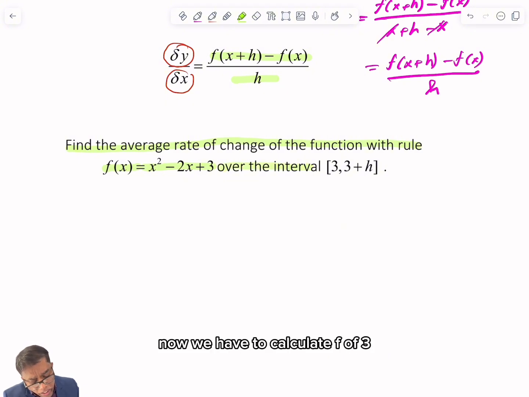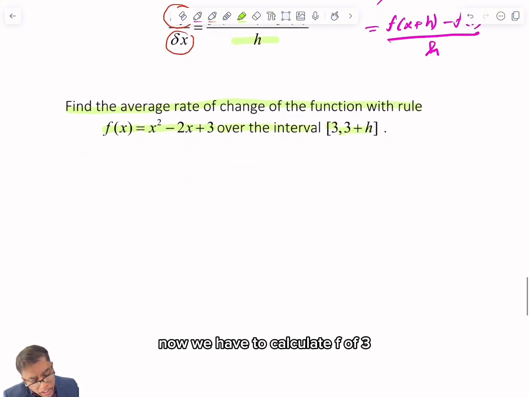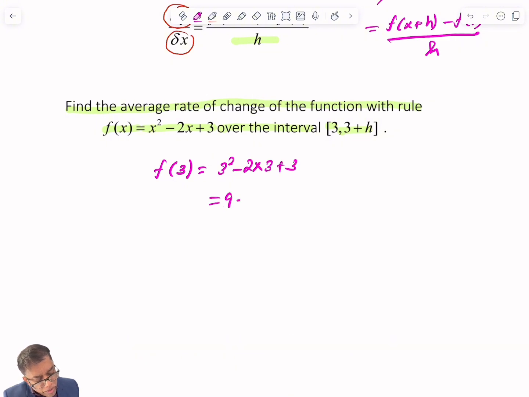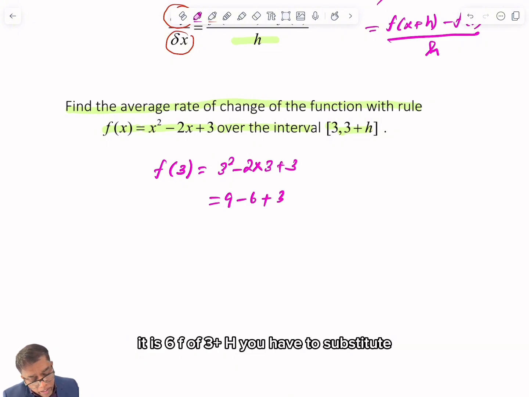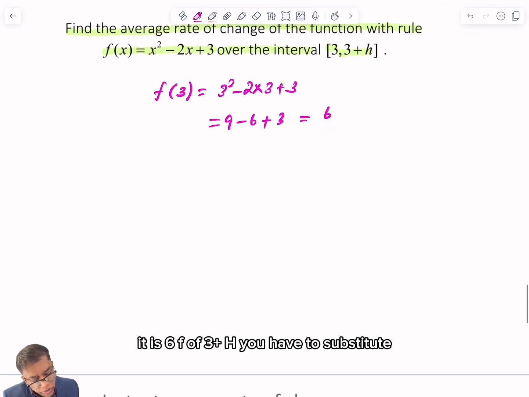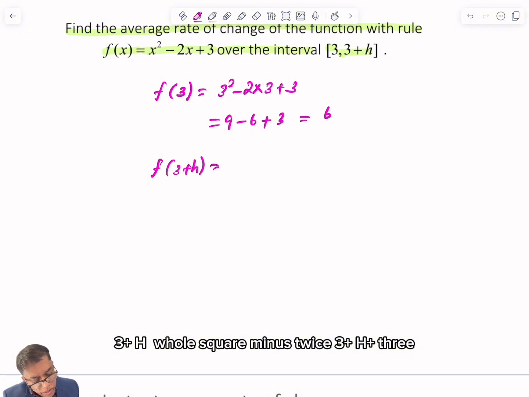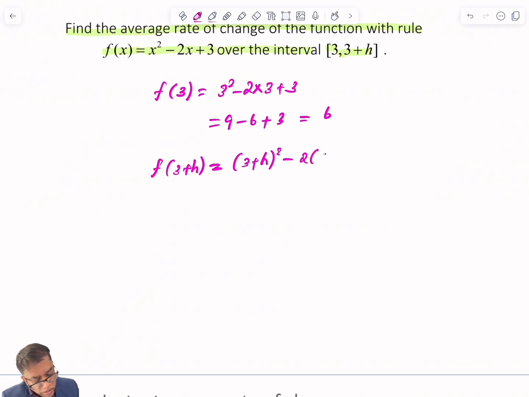Now we have to calculate f of 3: 3 square minus 2 times 3 plus 3, 9 minus 6 plus 3, it is 6. F of 3 plus h, you have to substitute 3 plus h whole square minus twice 3 plus h plus 3.